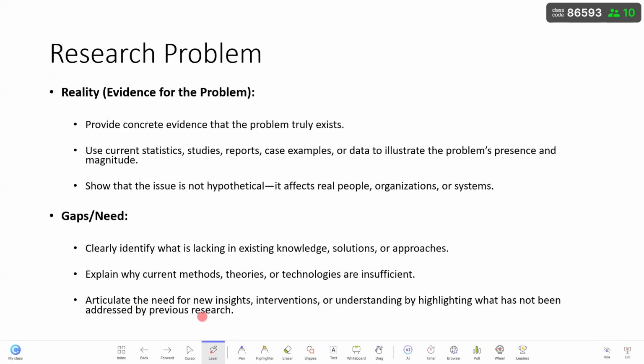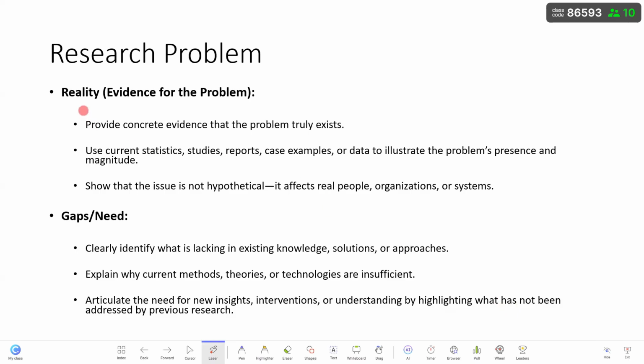Articulate the need for new insights, interventions, or understanding by highlighting what has not been addressed by previous research. In the current knowledge base, what is available need not be mentioned; basically, you need to emphasize and highlight what has not been investigated.